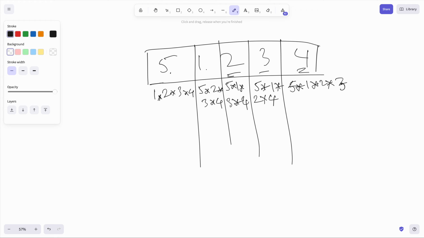For the first one, the product is 24, the second is 120, the third is 60, then 40, and the fourth one is 30. So this is the array we need to return.